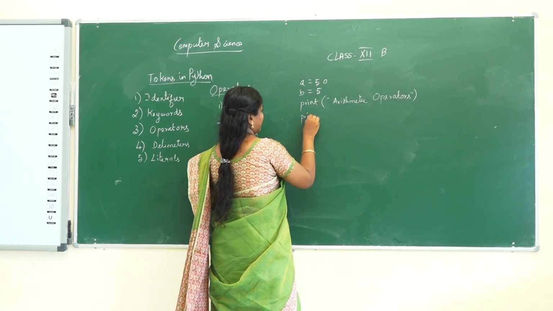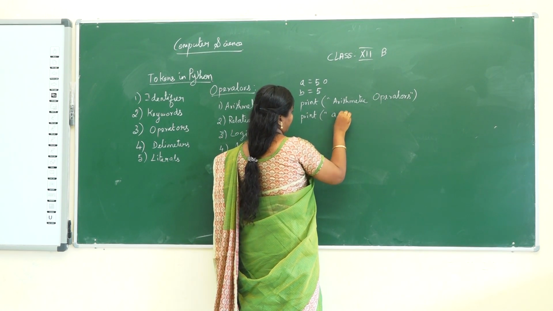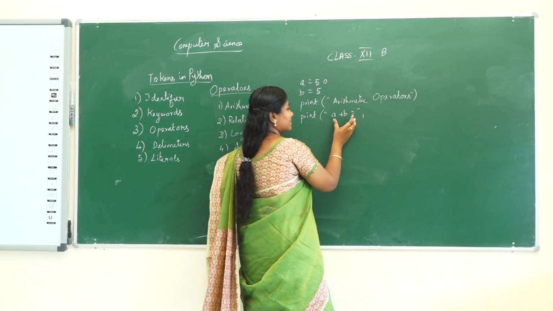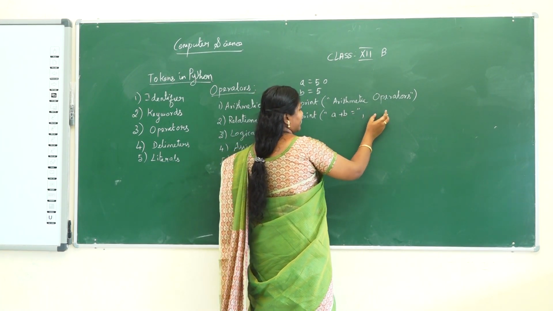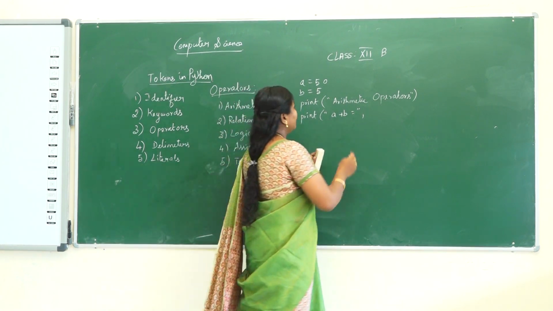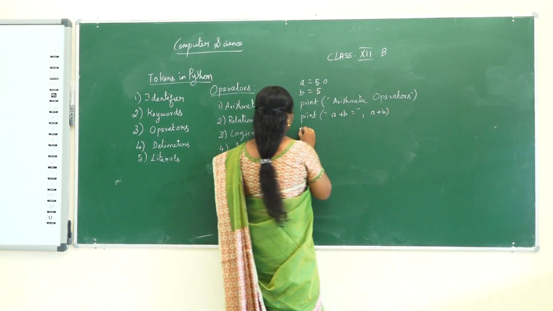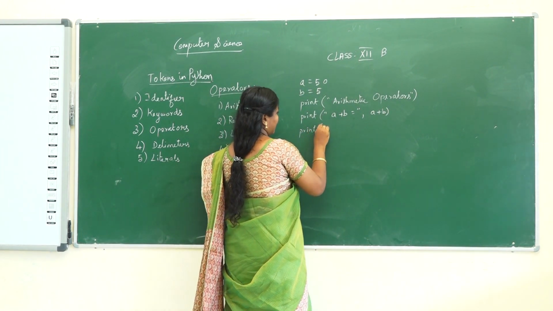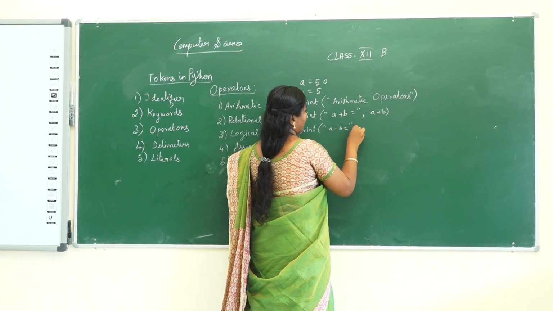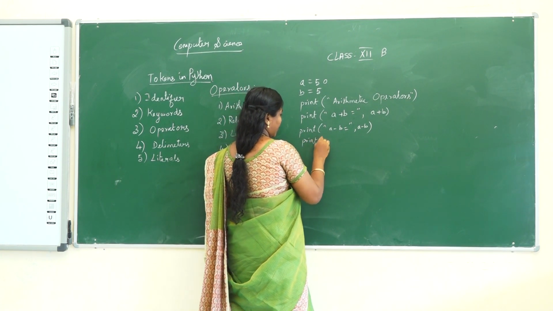Next, print "A plus B is equal to", comma, A plus B. This text must be printed as such, and for separating the value I am using a comma. In the last class I have seen about the print statement. So for A plus B, I want the value of A plus B. Next, print "A minus B is equal to", comma, A minus B, and I am using all the arithmetic operators.